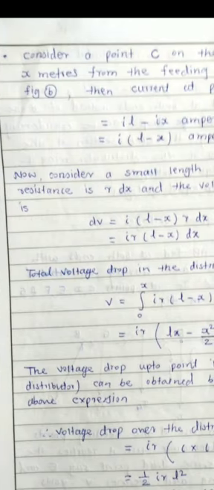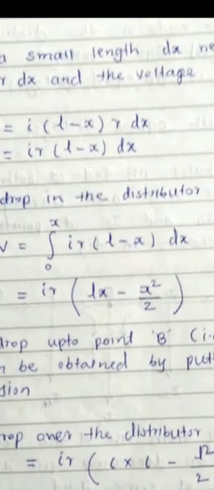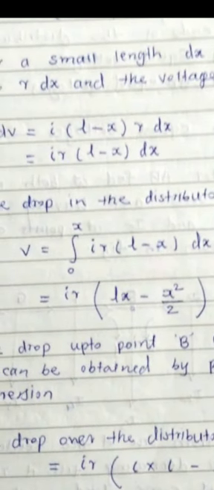The total voltage drop in the distributor up to point C is V equal to the integration from 0 to x of i r in bracket L minus x dx.